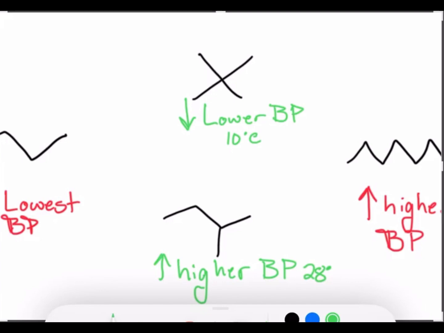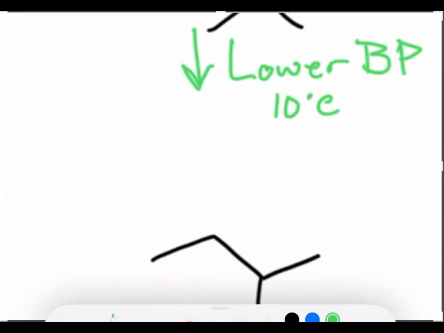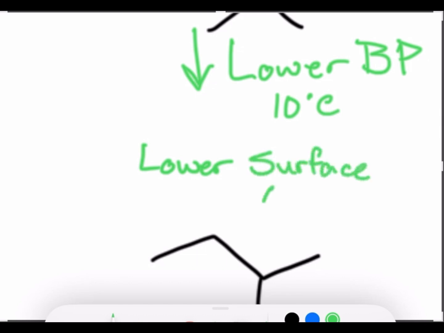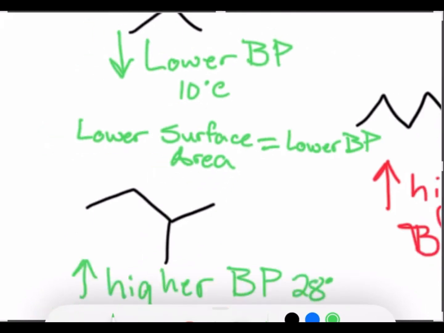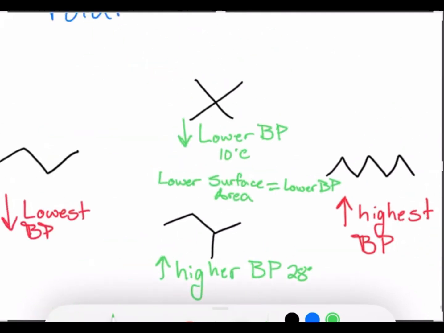So you want lower surface area for a lower boiling point. Now let's just note that here: lower surface area equals lower boiling point.